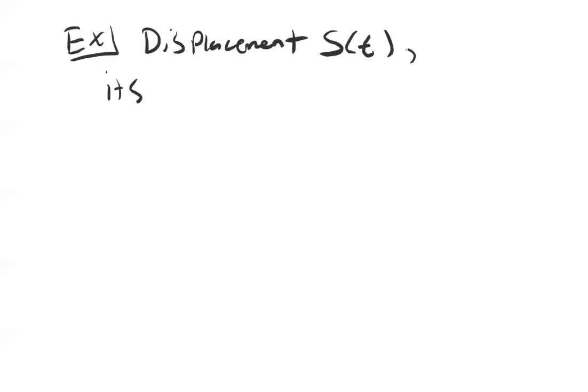And this is geared more towards physics. So what I have is a displacement s of t, so a function that describes how far something is away from me at any given time. So let's do displacement given by s of t of a particle on the x-axis.